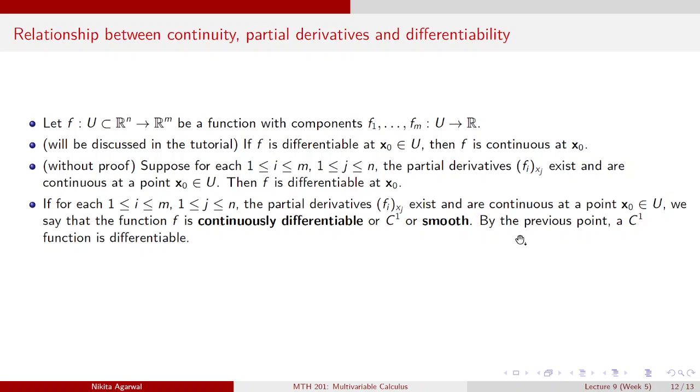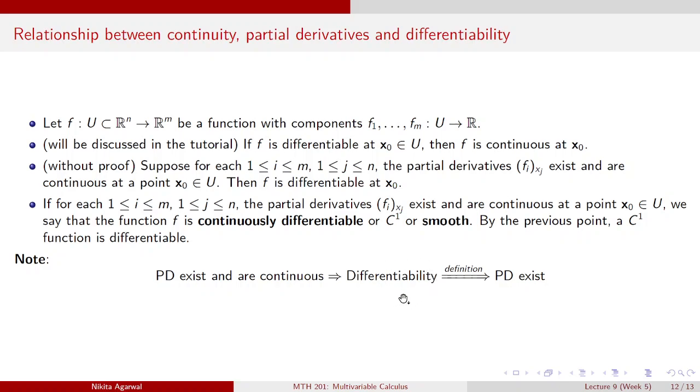And by the previous bullet, if you have a C1 function, then all its partial derivatives exist and are continuous, and therefore the function has to be differentiable. So this is the flow chart. If partial derivatives exist and are continuous, that implies differentiability. And of course, differentiability requires all the partial derivatives to exist, right? So this implication is from the definition.